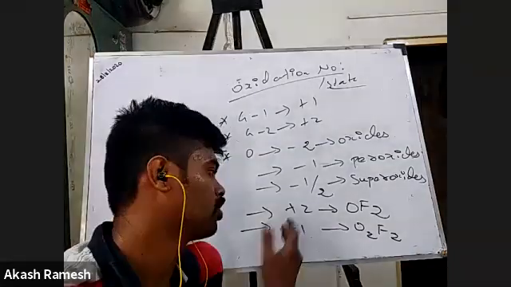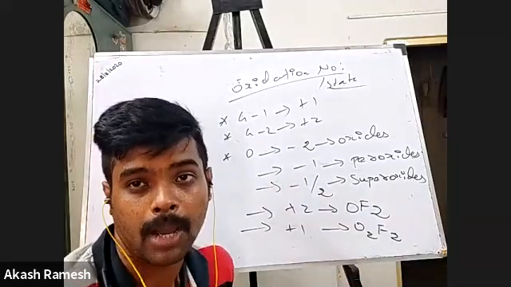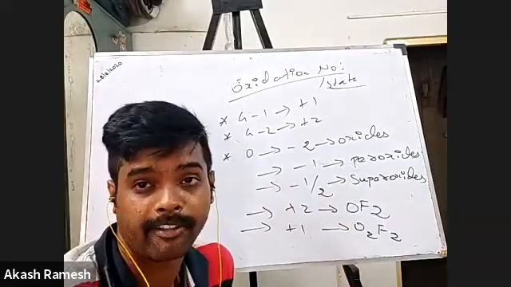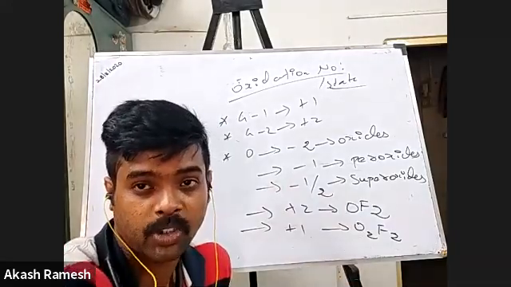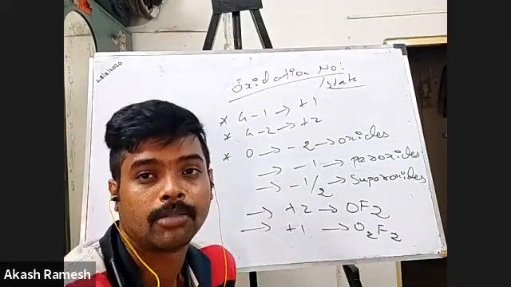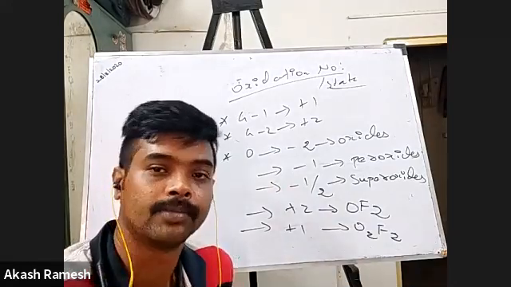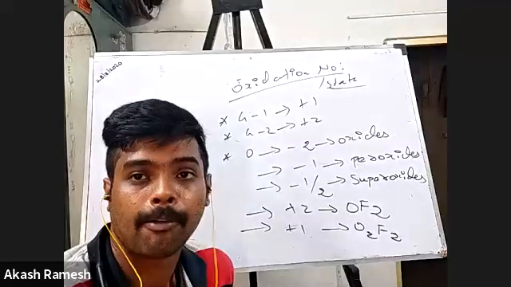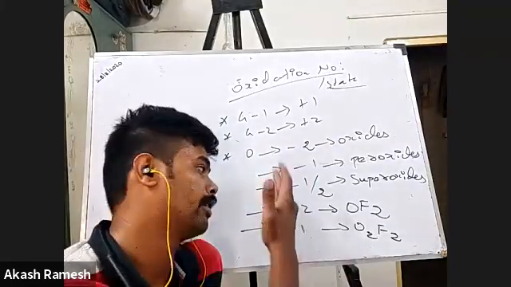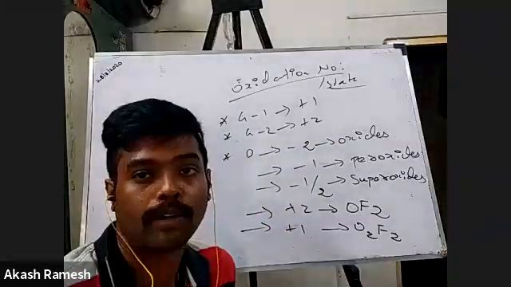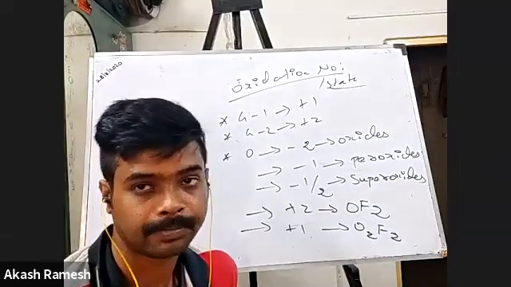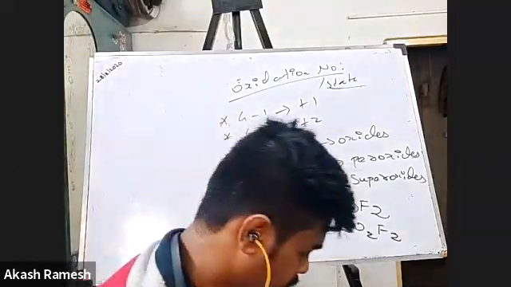So +2 and +1: the moment you see oxygen coming with a more electronegative element than oxygen, the only element possible is fluorine, so you can say that oxygen is going to have a positive oxidation state. In OF2 it's +2, and in O2F2 it is +1. Okay, good. So moving on.